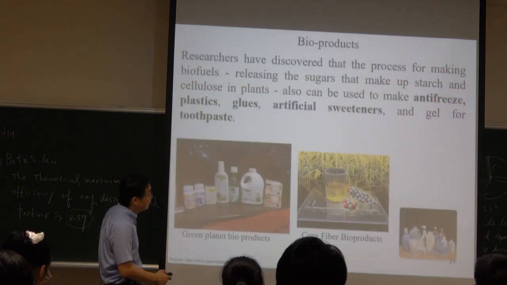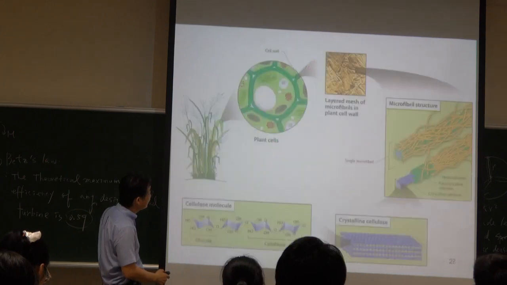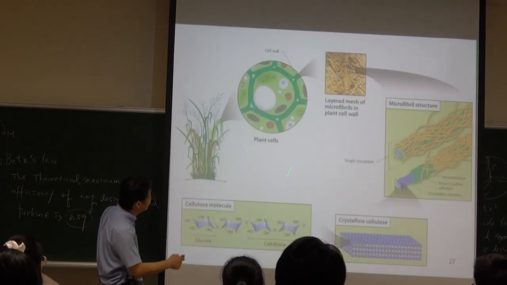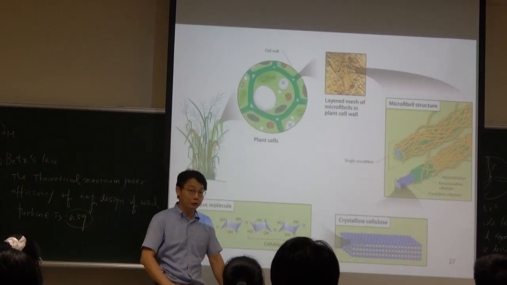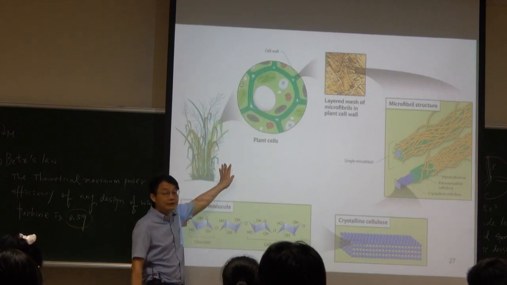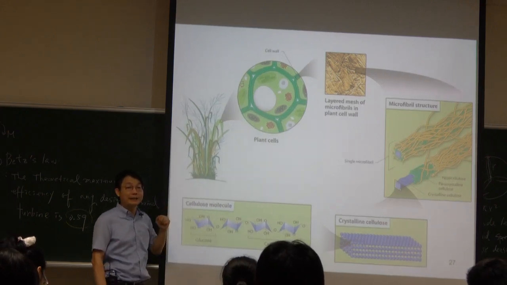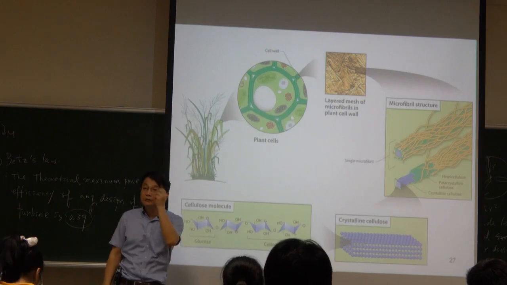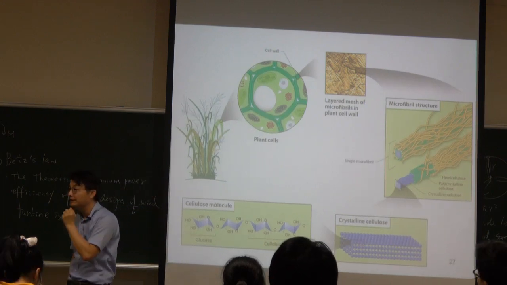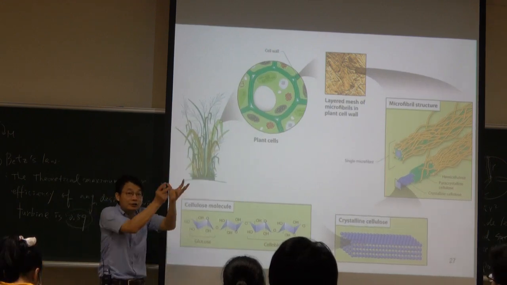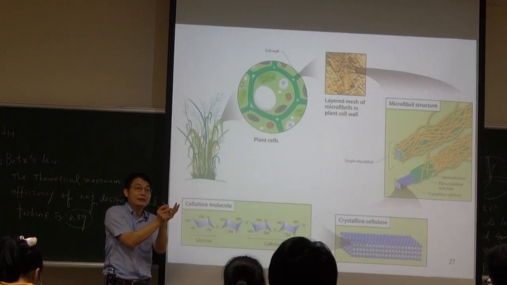Another consideration is that the major raw material is the plant, right? You cut the plant to produce the biomass, but this plant can absorb carbon dioxide, right?